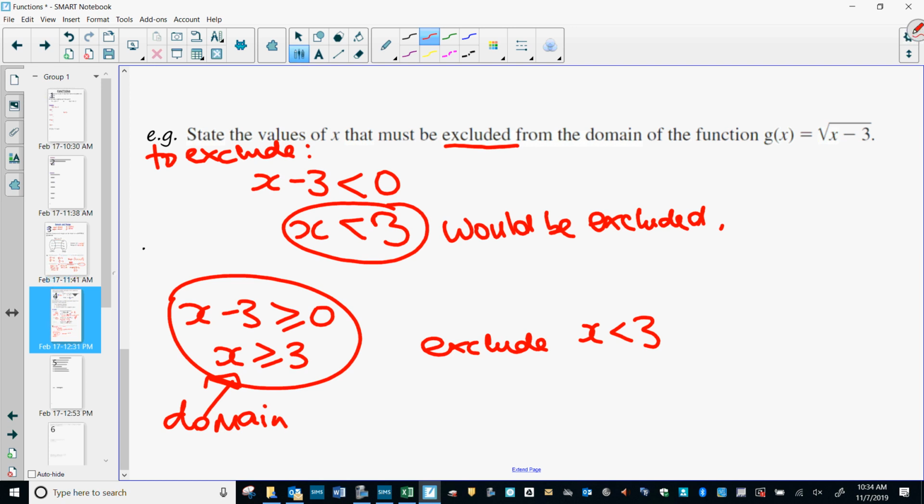So you would exclude everything else. Can you just write that down so it's greater than or equal to 0? No, you have to do the rewrite. Are we happy with that?